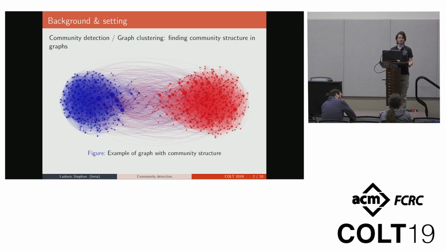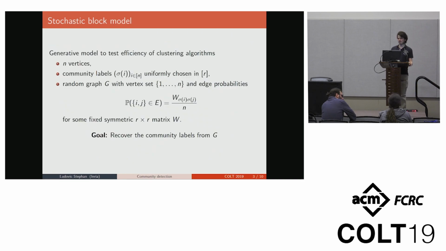And in order to study the performance of algorithms for this task, a model was created, which is the stochastic block model. It's a generative model for such community-based graphs, and is simply a graph on n vertices to which we assign community labels, sigma, that are uniformly chosen in some set number of communities, say R. And then we construct a random graph whose edges are all independent, and the probability of presence of an edge simply depends on the community memberships of its endpoints.